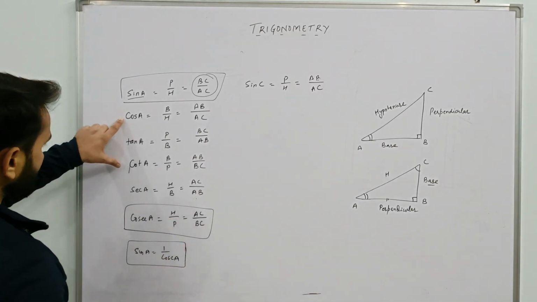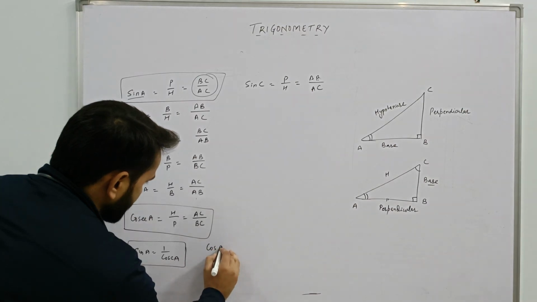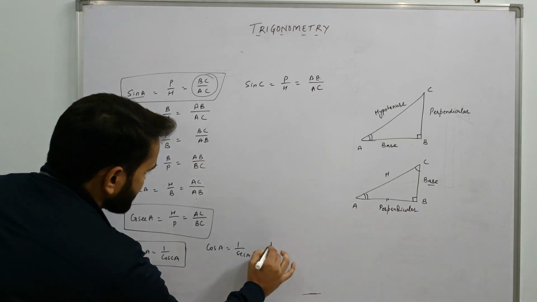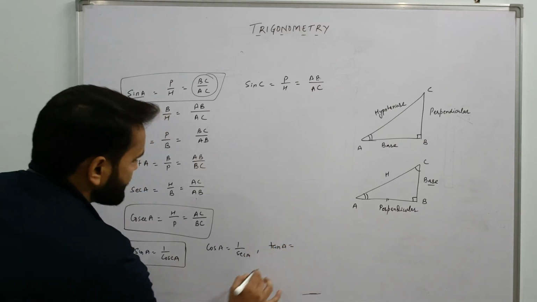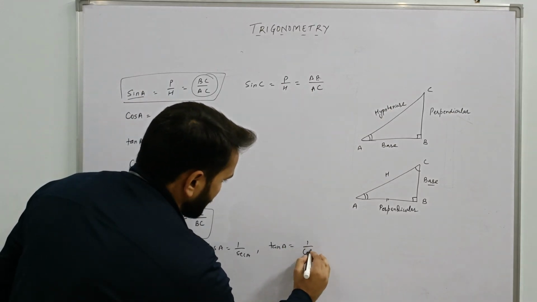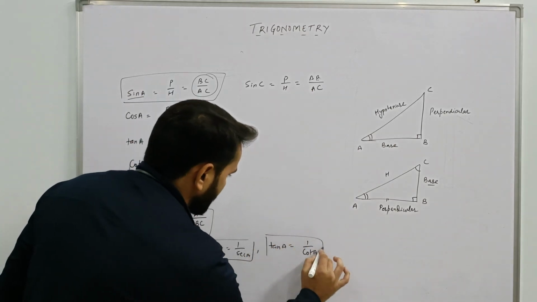Similarly, cos and sec are reciprocal to each other. So cos A is 1 by sec A, and similarly you can see tan A is 1 by cot A. So here is the relation between these trigonometric ratios.